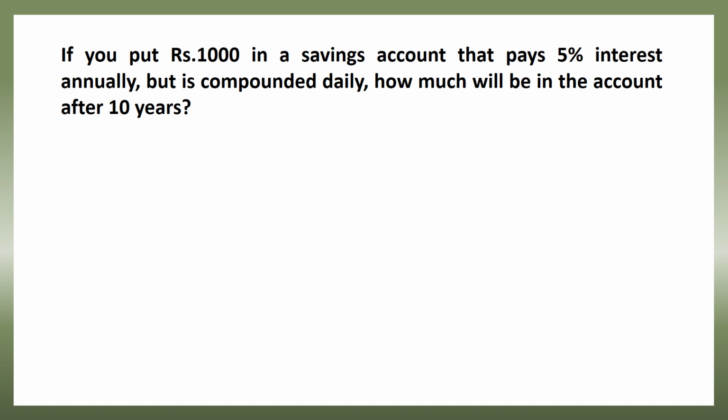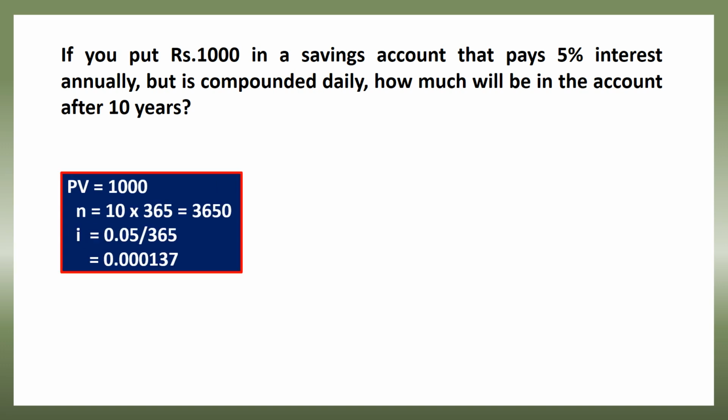What other things are given? We are asked to find how much this 1000 will be after 10 years. So n is 10 years. Now see, in the question it is given that it is compounded daily.